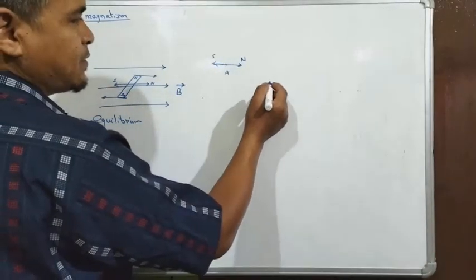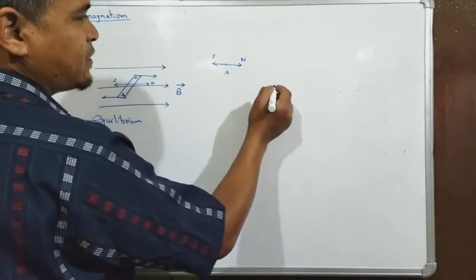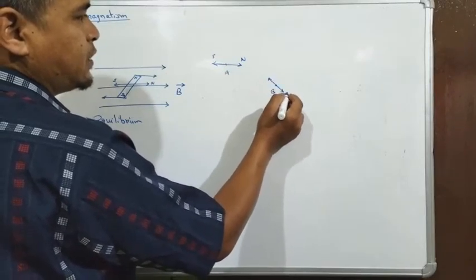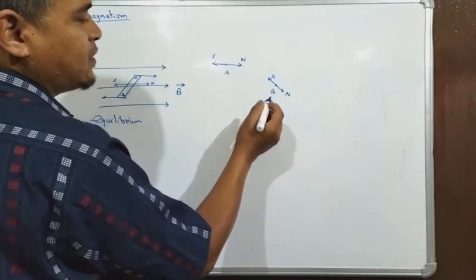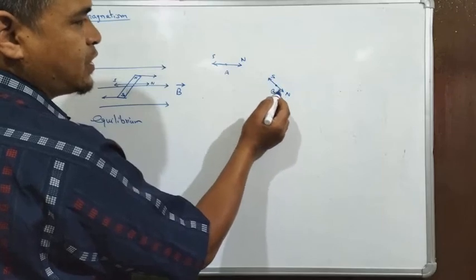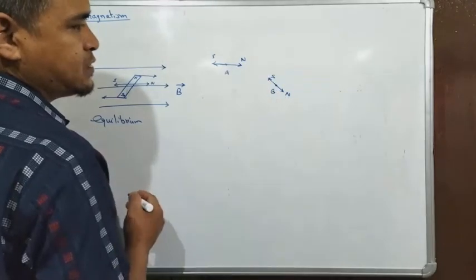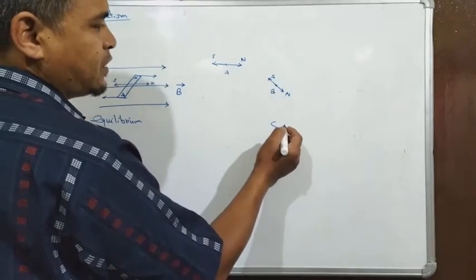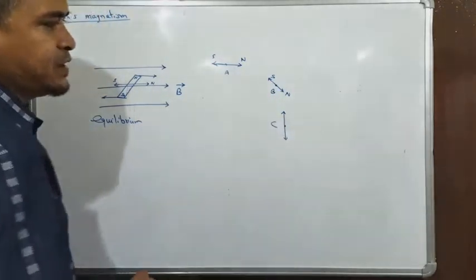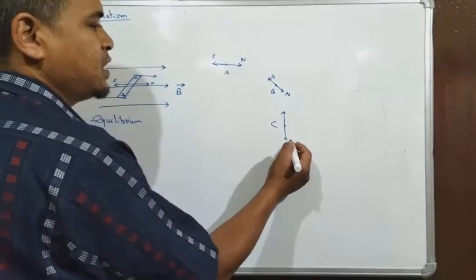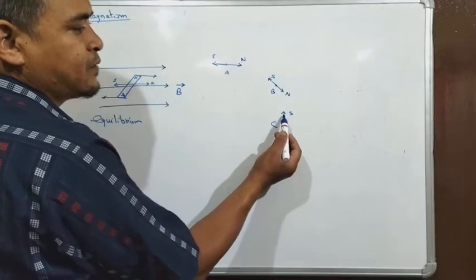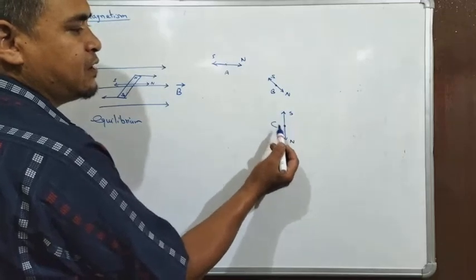Similarly, if you place the magnetic needle at this point B, you will find it is aligned in this direction, in which the North Pole is going this way and the South Pole like this. Similarly, if this same magnetic needle is placed at a different place on the surface of the Earth, you will find it aligns itself in this direction.